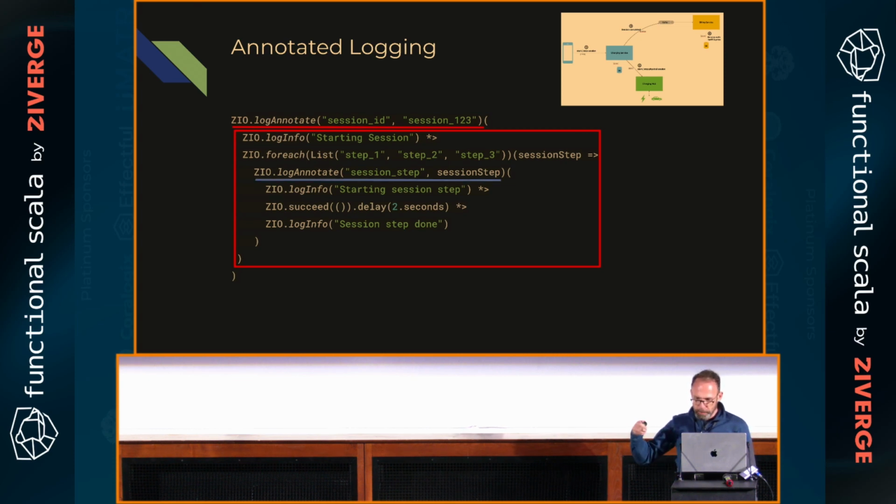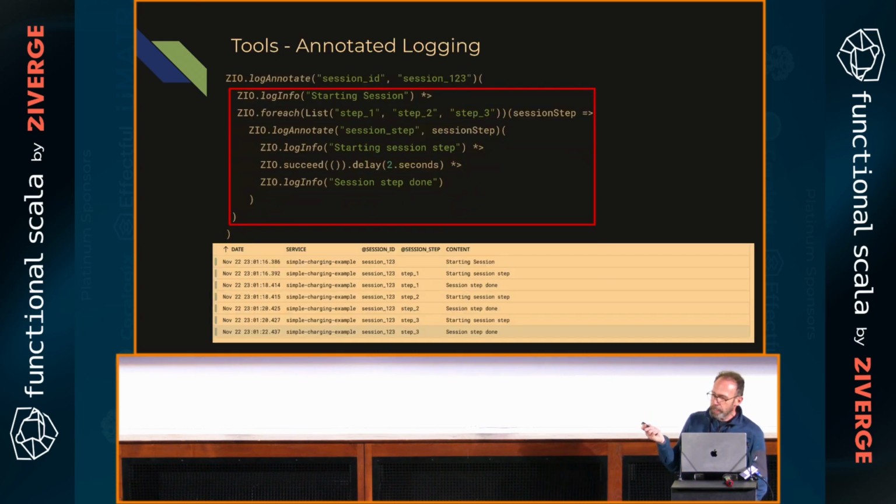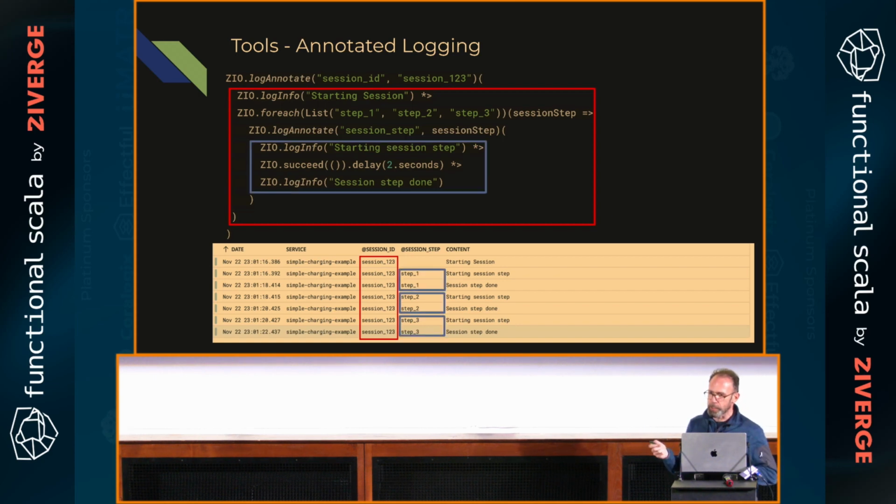In this region, we have a smaller section where we are annotating with the session step, which is dynamic, and that will be applied to this other effect. So as a result, we see the session ID being available throughout all the logs, and the session steps being different per iteration.